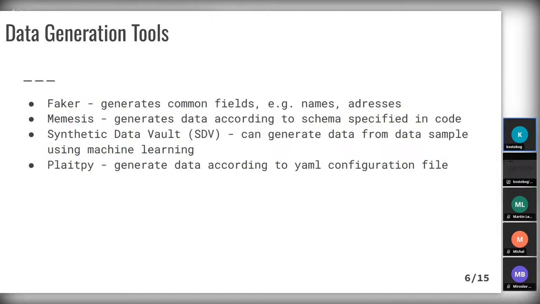Then there is the Synthetic Data Vault. This library also provides the functionality of Mimesis, more or less. I didn't make an extensive comparison, but this SDV library has a part where you can fit sample data to some generative model and generate data like that.